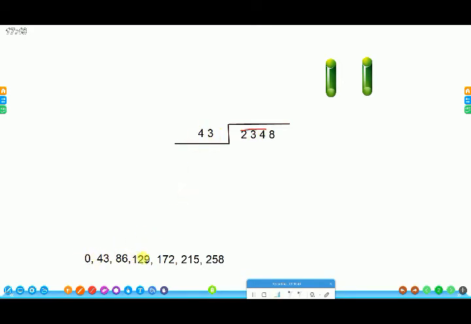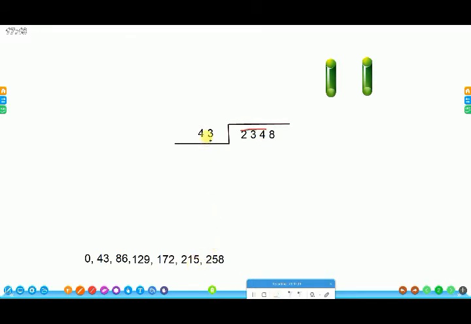If I want to use the multiples method, I need to write on a scratch paper the multiples of 43. I keep on writing the multiples of 43 until I find a multiple of 43 that is just before 234. If you notice here, when I reach 215, it's still less than 234.